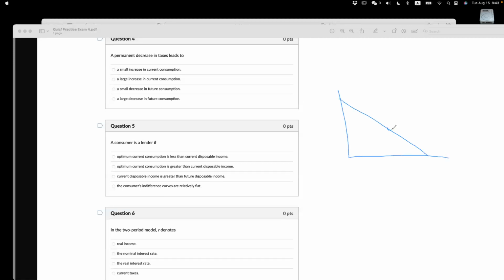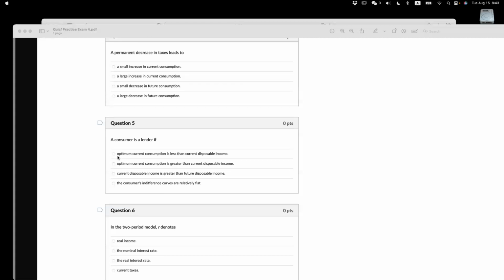Say this is the endowment point. When you are a lender, you consume in this region, so your consumption today is less than what you are endowed with. If you're here, then you borrow. So for question 5, the answer is A.